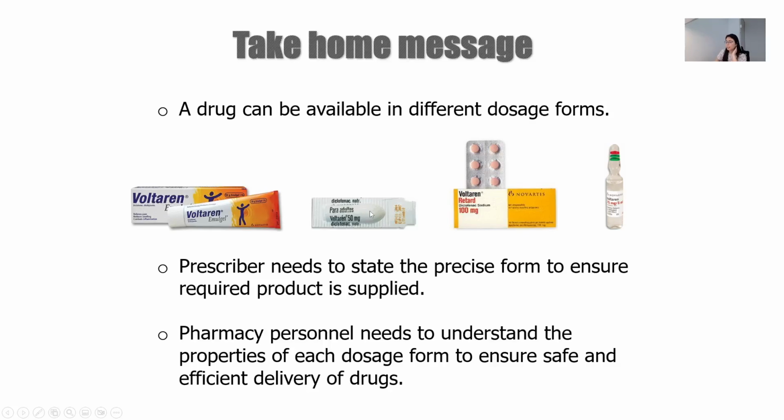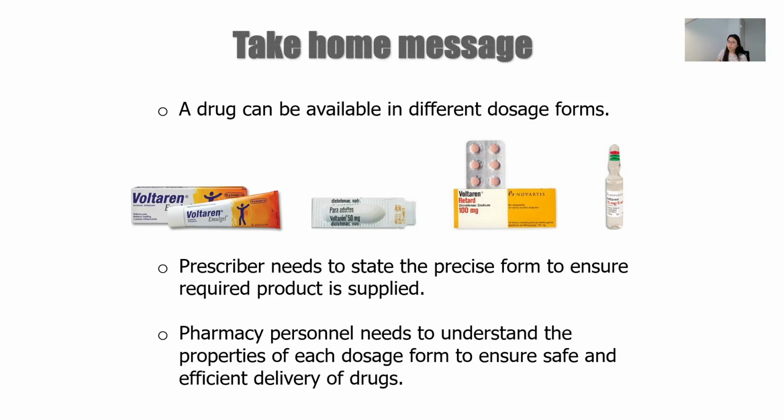Voltaren comes in a gel form, a suppository form, a tablet form, and also an ampule. This ampule is for injection purposes. We need to break it open, and then use a syringe to withdraw the solution. So just Voltaren itself comes in 4 different types of dosage forms.